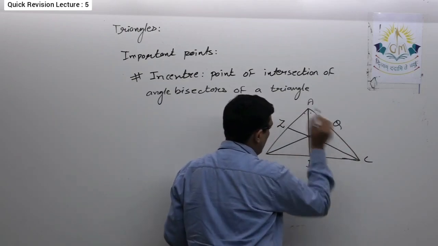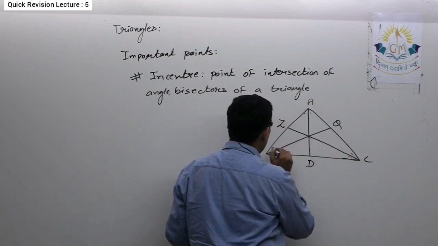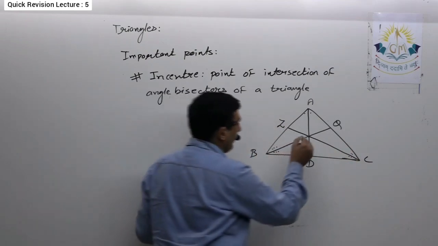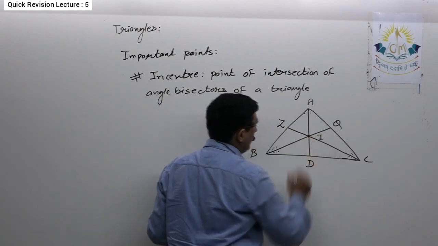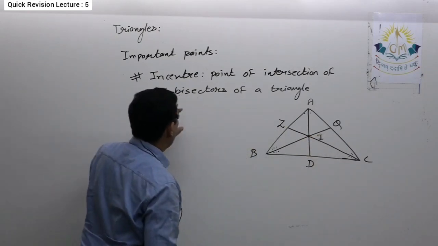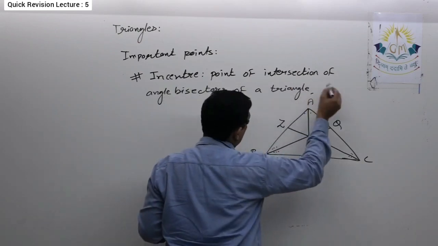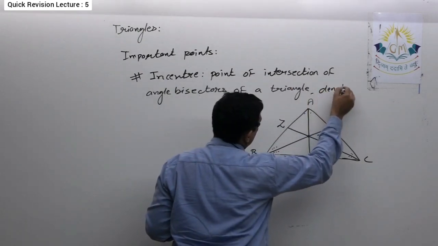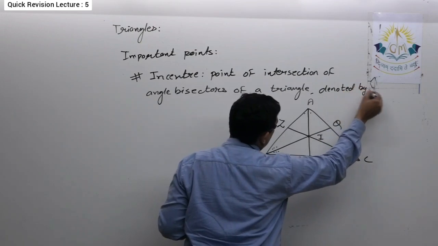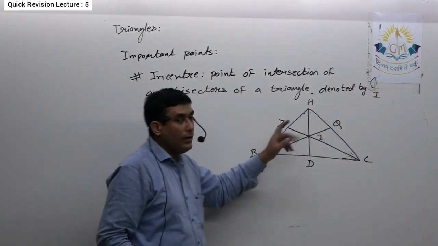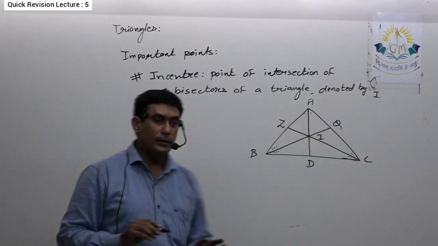That means these two angles are equal, these two are equal, and these two are equal. Then this point is called the incenter, denoted by capital I. This I always lies inside the triangle.